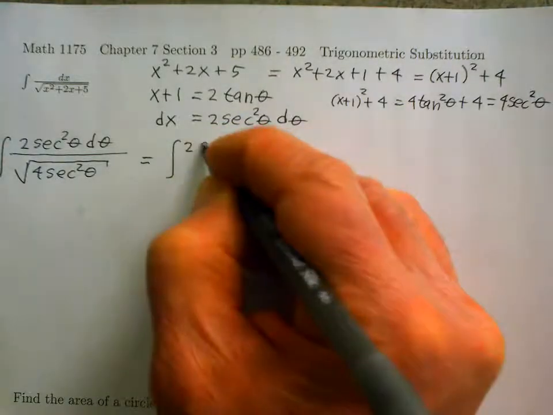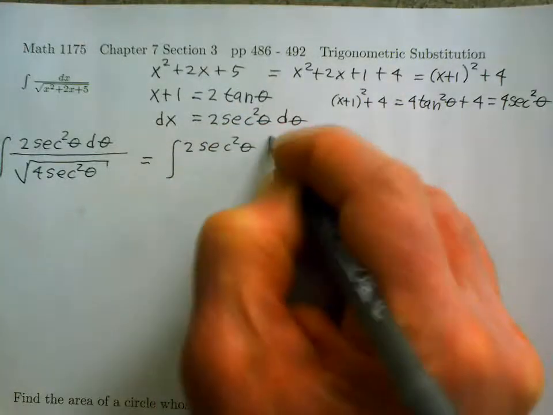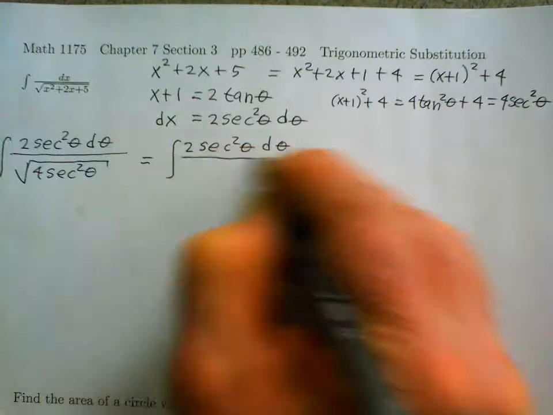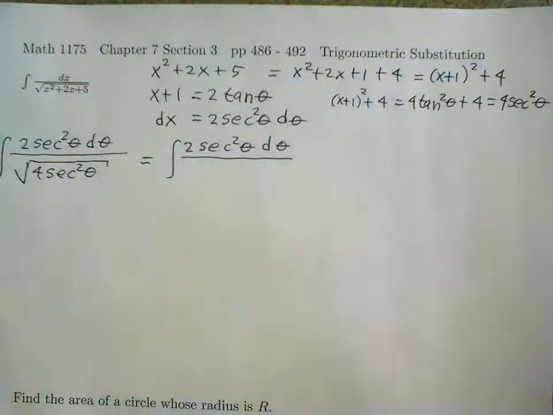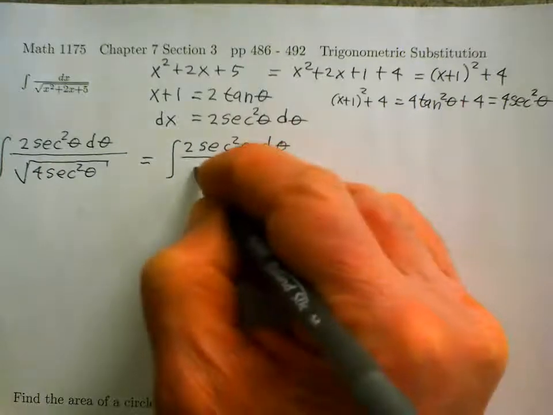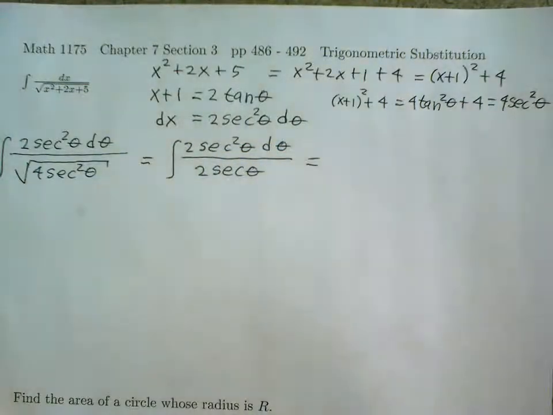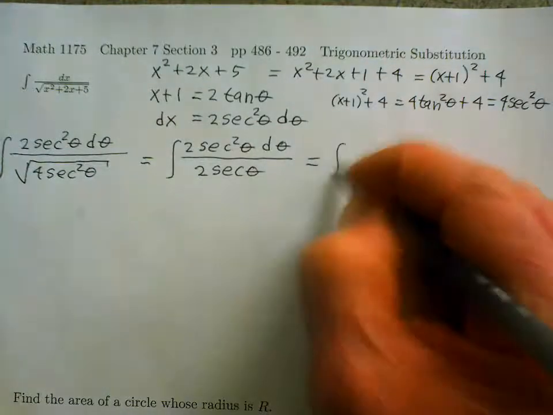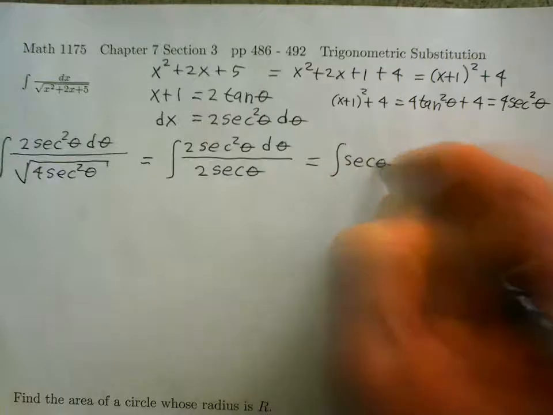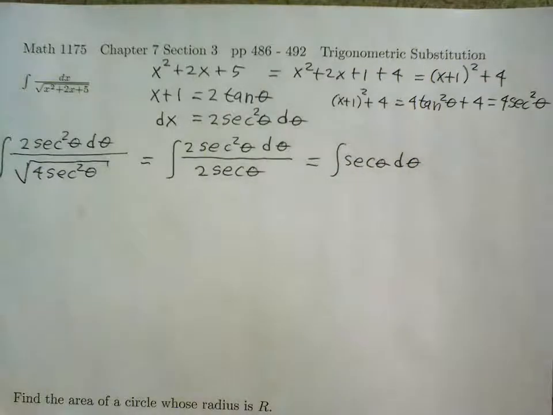So 2 times secant of theta squared d theta in the numerator. And in the denominator, the square root of 4 times secant of theta squared is 2 times secant of theta. 2 divided by 2 is 1. Secant of theta squared divided by secant of theta is secant of theta d theta.